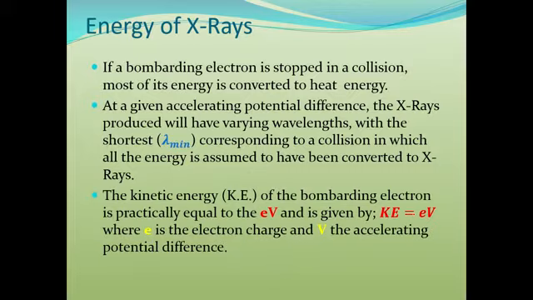And then the kinetic energy of the bombarding electron is practically equal to the electron volt, eV. That eV here is simply the electron volt. We shall appreciate it much when it comes to the point of calculation, and it is given by this formula: kinetic energy is equal to eV, where e is the electron charge in terms of Coulomb.